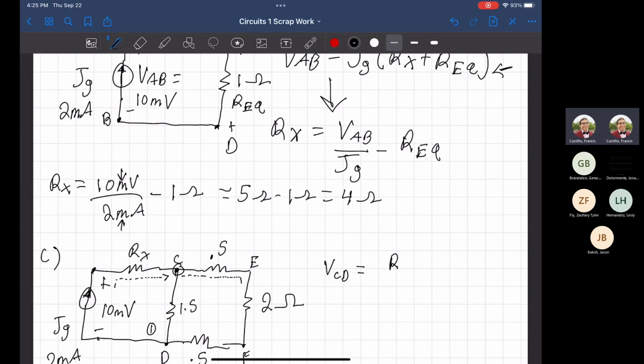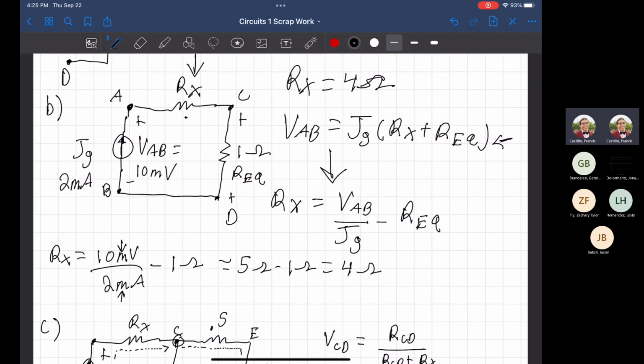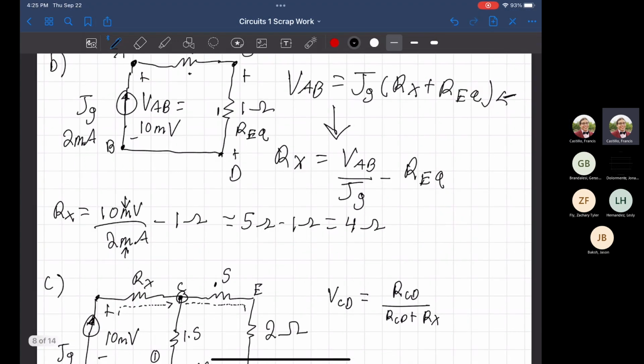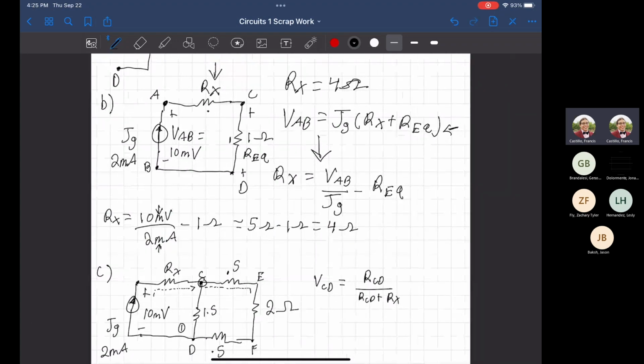So there was the value across CD over the sum of our resistive network that we are finding, which is R sub C, G plus R of X, since these are the resistors, which is here. That's what we'll be trying to find, times our actual voltage.